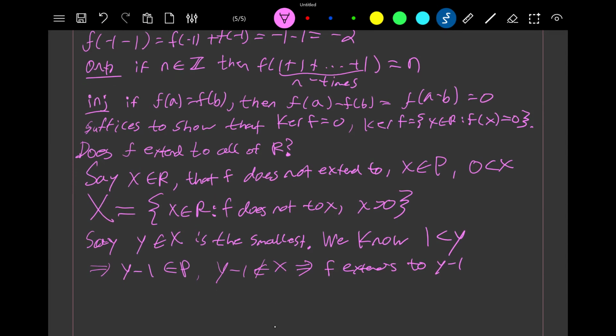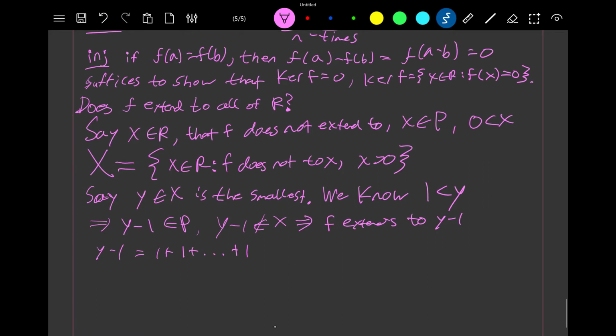That is, we'll have y minus 1 is like 1 plus 1 plus a bunch of 1s. But what does this tell us? Then y is just equal to 1 plus 1 plus a bunch of 1s, namely, one more 1 than this. But this would imply that f extends to y.